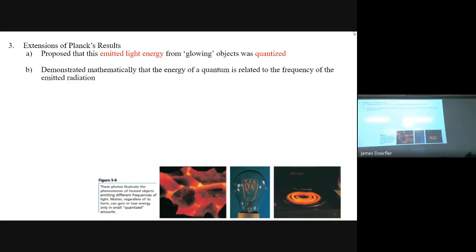He demonstrated mathematically that the energy of a quantum is related to the frequency of the emitted radiation. So now we have a link between the frequency of radiation and the amount of energy present. And he gave us this equation. It's another simple equation, much like what we saw yesterday with the speed of light, frequency, and wavelength.